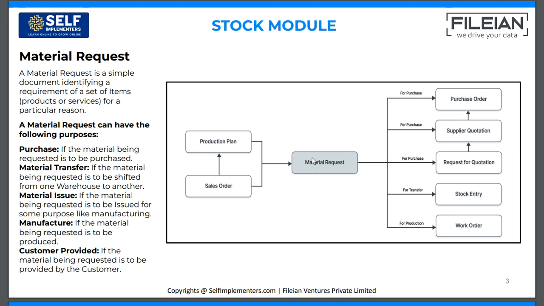Or otherwise, if all raw material is available in the store, then this material request directly goes for the material transfer stock entry, and that material gets transferred from store to WIP, and once the raw material is received, then this sale order gets converted into the work order.